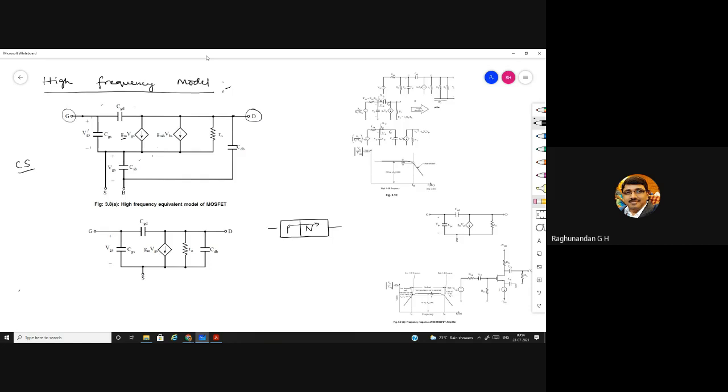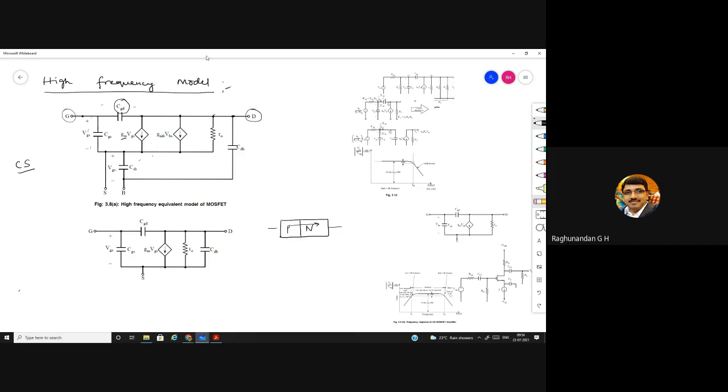So the capacitances that exist between the gate and the drain. All these terminals are a common terminal because we don't have any resistance in between. So between this terminal and this terminal, there exists a junction. That junction is going to exhibit some capacitance. That capacitance we mark as CGD.